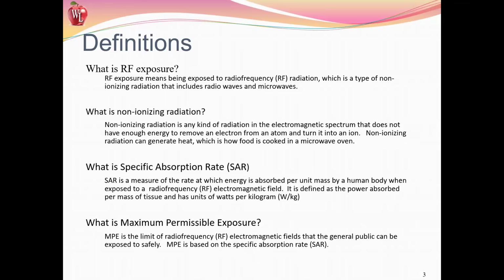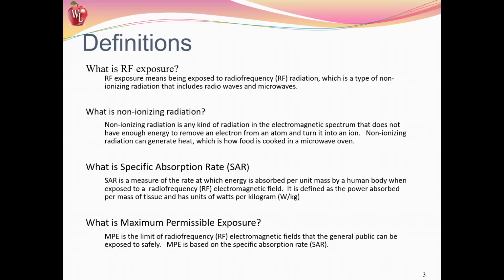What is specific absorption rate? Well, SAR is a measure of the rate at which energy is absorbed per unit mass by the human body when exposed to radio frequency electromagnetic fields. It's defined as the power absorbed per mass of tissue and has units of watts per kilogram.